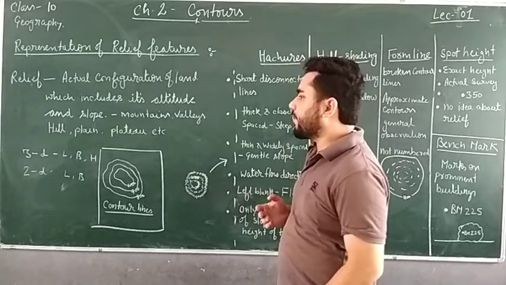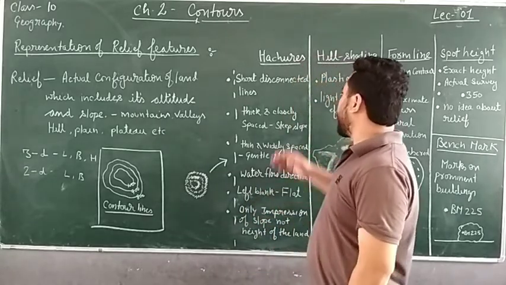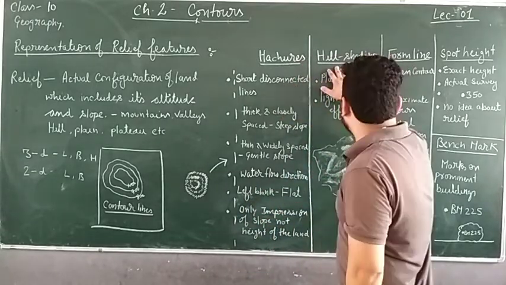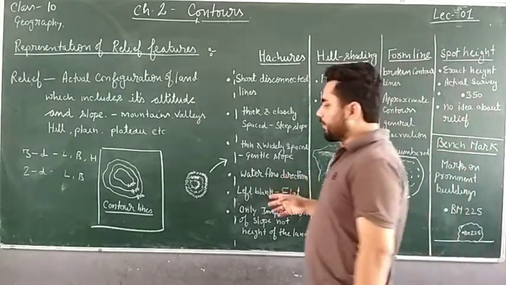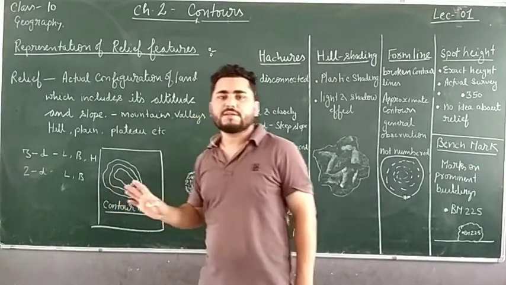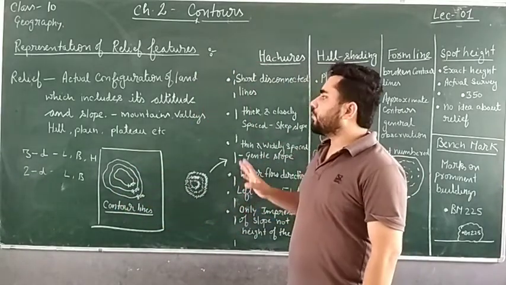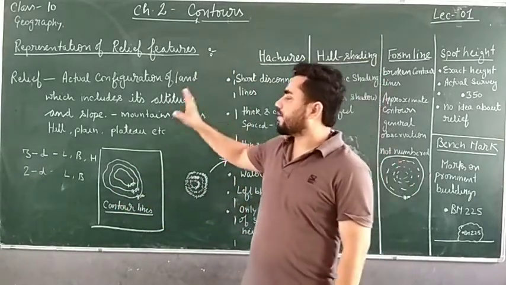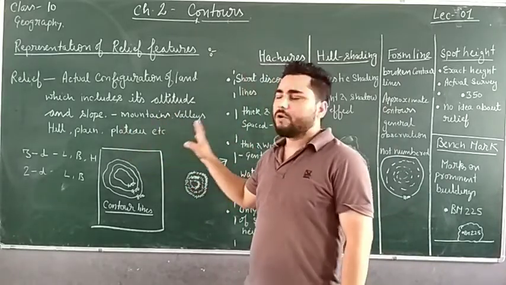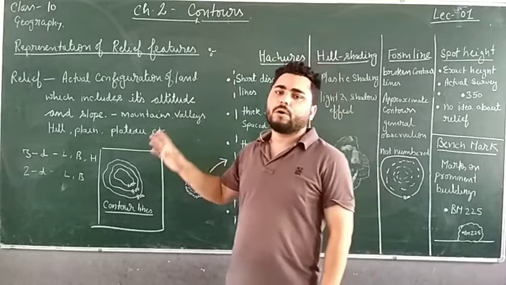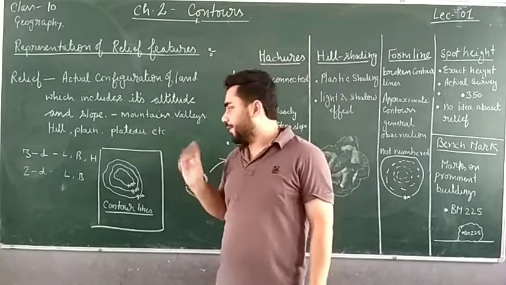So for that we take these ways into account: hachures, hill shading, form line, spot height, benchmark, and contour lines. These are the ways to represent relief features on topographical maps, topo sheets, or on a piece of paper.